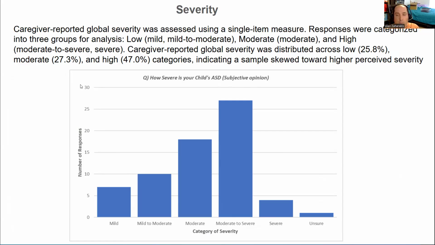So we asked mild, moderate, mild to moderate, moderate to severe, severe, and unsure. The most dominant category here was moderate to severe, as you can see. Obviously, this is going to be a subjective opinion of the assessor, but everything is always going to be subjective, at least at this stage.